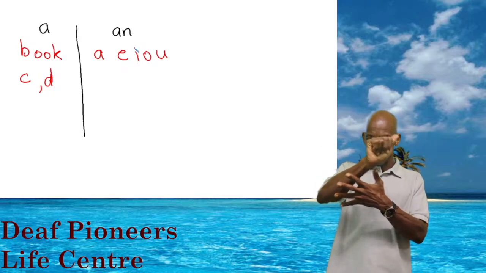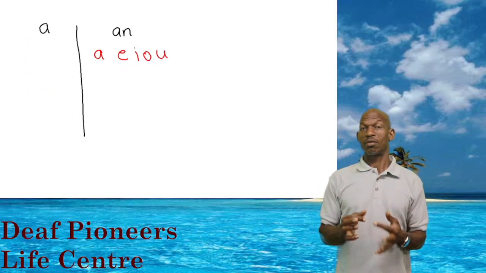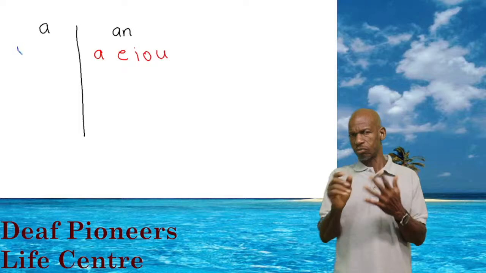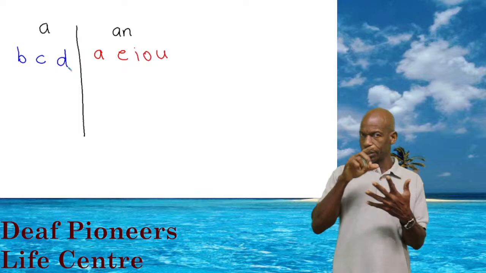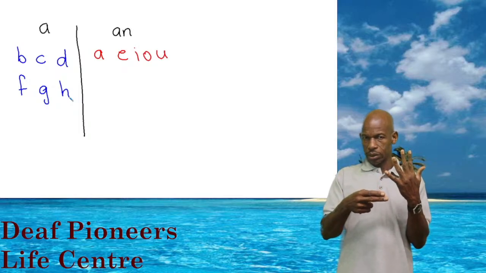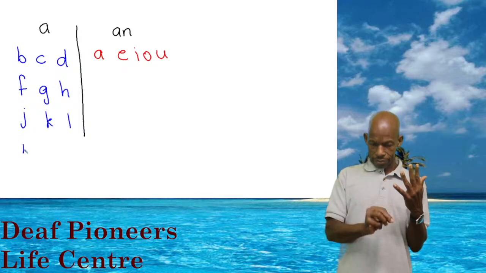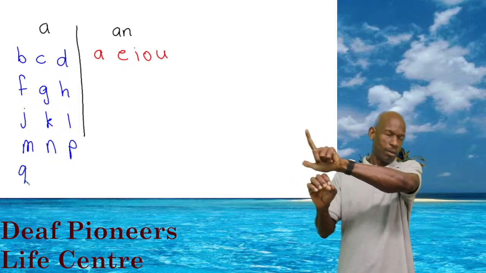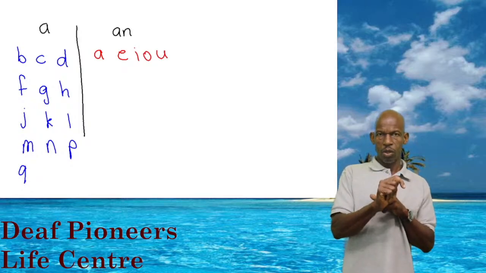But when the word begins with a consonant, that is B, C, D, the E is here, and I left out the A, D, F, G, H, not the I, J, K, L, M, N, not the O, P, Q, R. Sorry, I was just trying to do a shortcut there, but let me not do that.